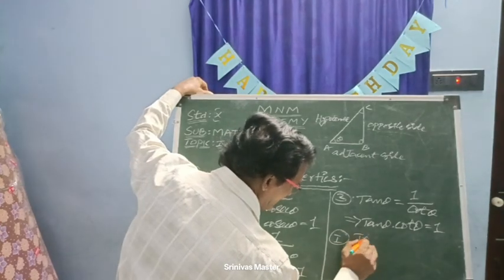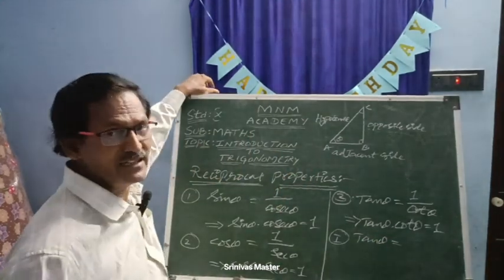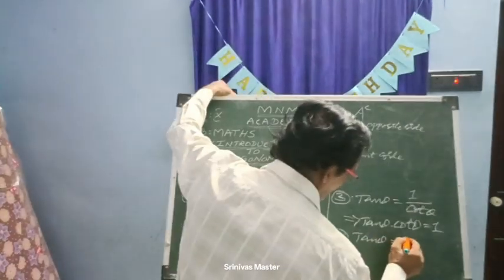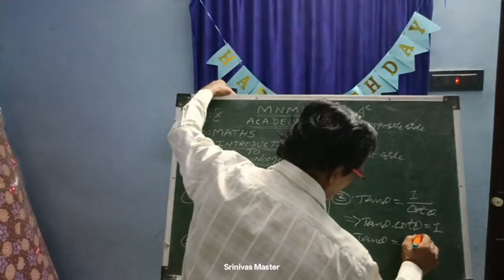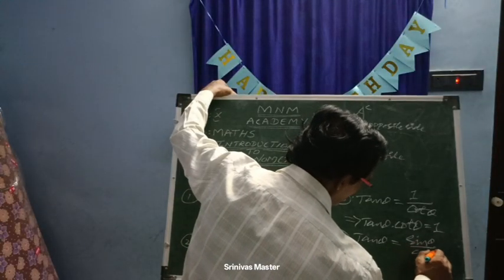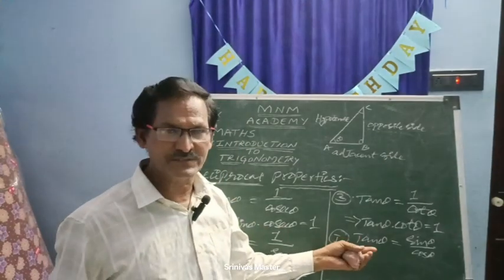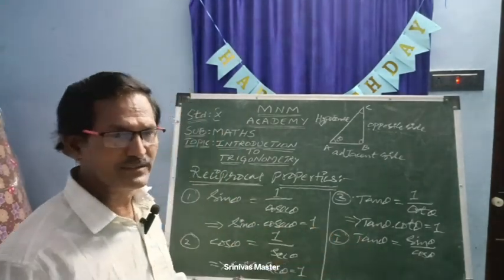Simply, tan theta also we can write as the ratio of sine and cos. Tan theta equal to sin theta by cos theta. Why? Because the tan rule is opposite by adjacent.